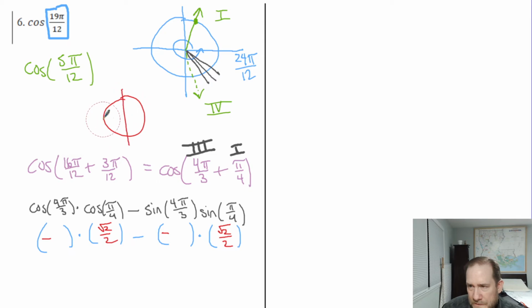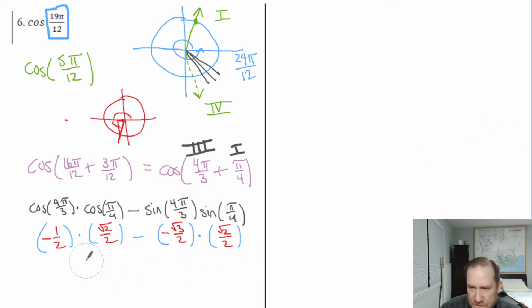And what is the actual value? Well, 4 pi over 3 means we went 3 pi over 3, and then an extra pi over 3. Pi over 3 is 60 degrees, so you're talking about this position. And so cosine would be the smaller number, meaning 1/2. So it would be negative 1/2. And sine is the y value, so the longer number. So this one's root 3 over 2.